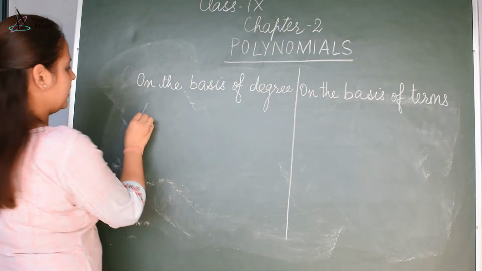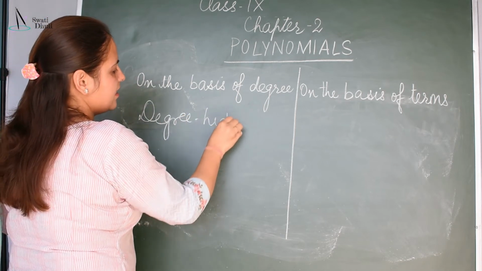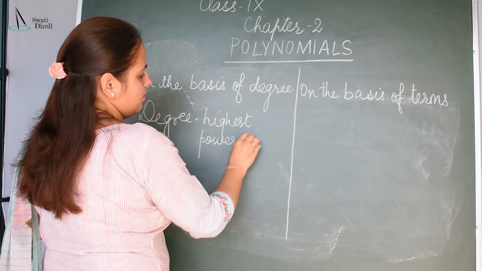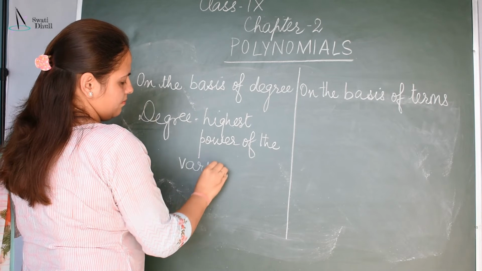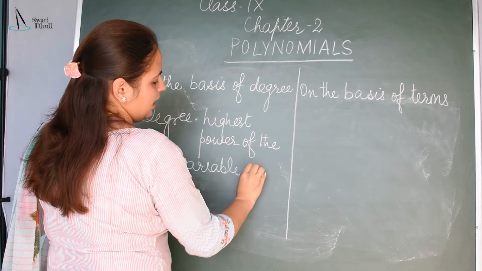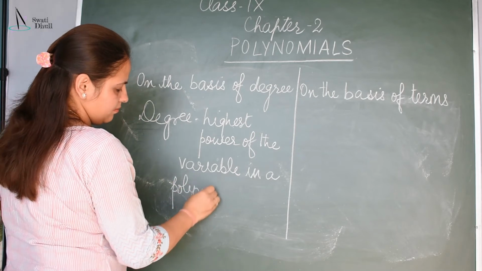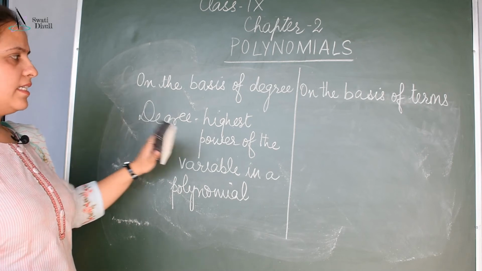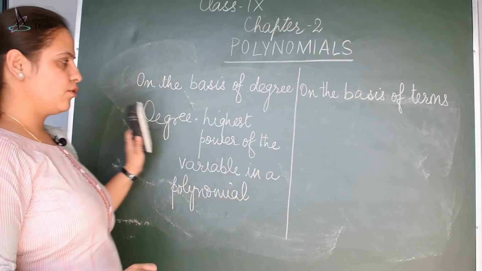What is basically degree? Degree is the highest power of the variable in a polynomial.